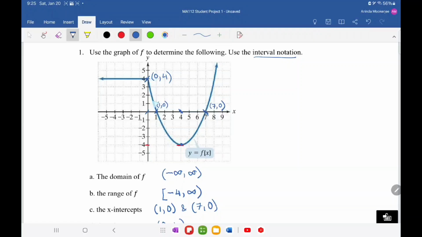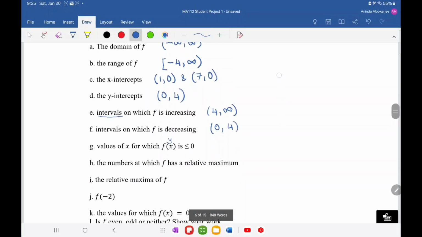So y value 0 would be everything, okay? All these values are negative values for y, right? Anything below, 1 and 7. So what we are going to write here is 1, 7. Actually, let's put round brackets, (1, 7).